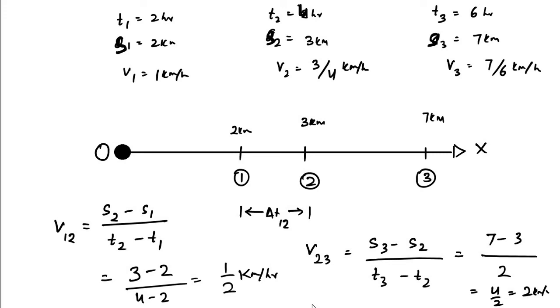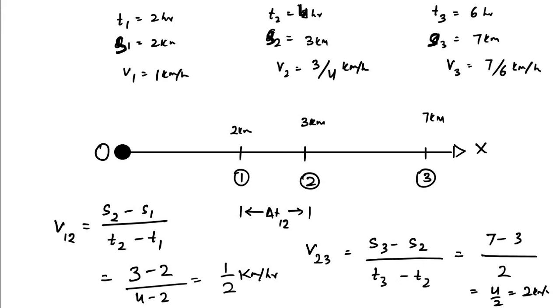So again the velocity in specific intervals is also changing. Here, if we plot the displacement time graph for these equal time slots 2, 4, 6, the values are 2, 3 and 7.